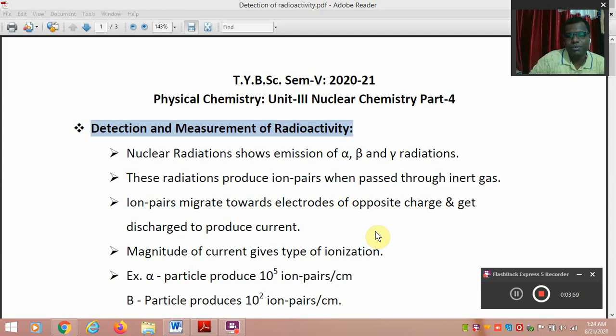So this is the way by which we will be able to identify the radiations, and we will also be able to measure these radiations based upon the type of ionization and the number of ion pairs formed in this case.